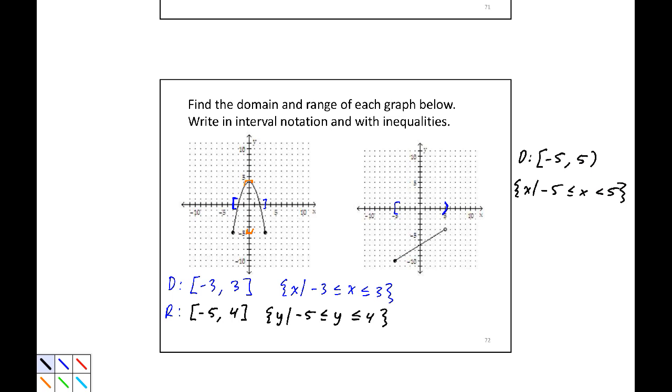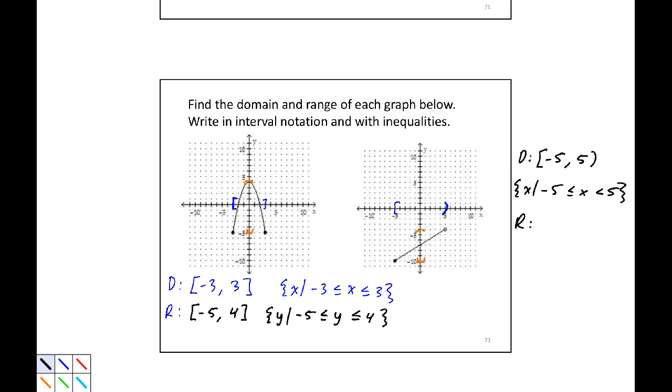Now our range, looking at our output values, the lowest this function gets is minus 10, and it is included. And the highest, the maximum value, is minus 4. And that is not a bracket because it is an open dot at that point over there.